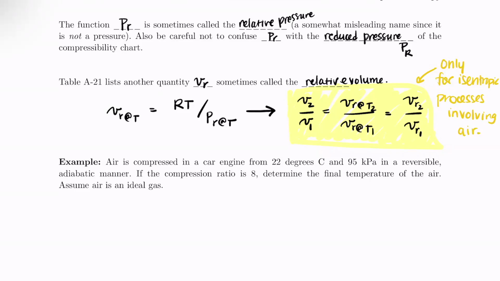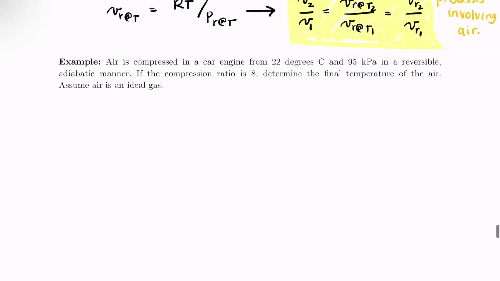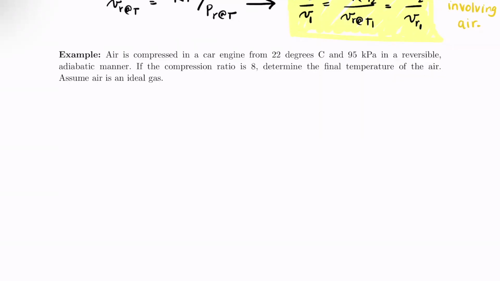So let's do another example. Air is compressed in a car engine from 22 degrees Celsius and 95 kPa in a reversible adiabatic manner. If the compression ratio is 8, determine the final temperature of the air, and assume that it is an ideal gas. We have a few things that are important to note here. We have our ideal gas assumption, which is good. We're also given that the process is reversible and adiabatic.